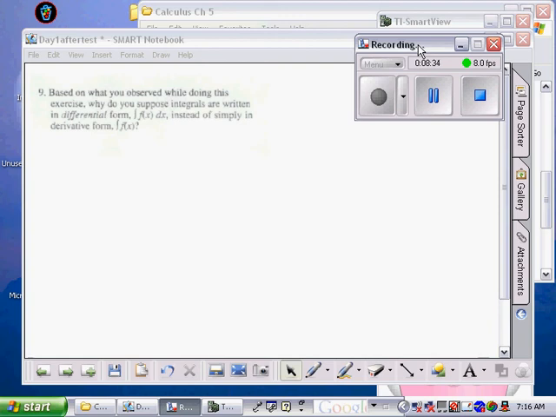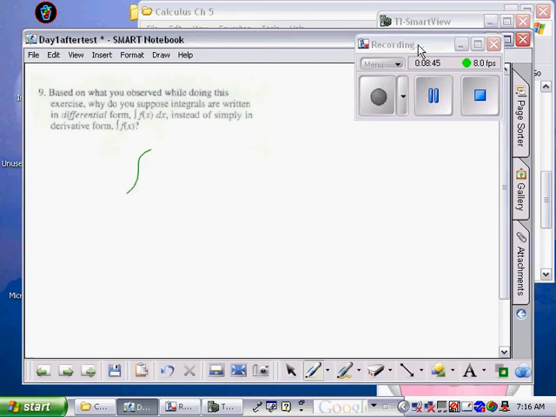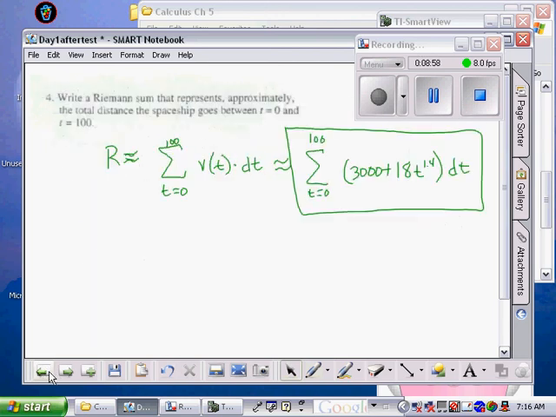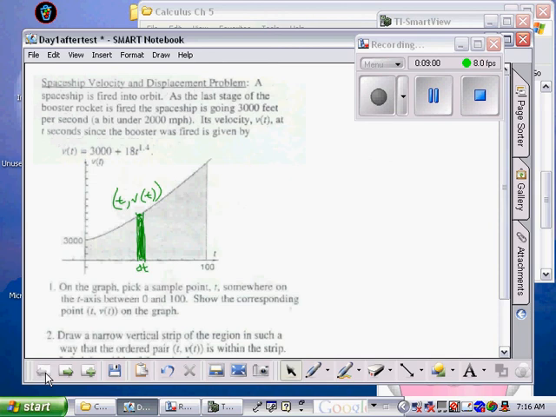I did this a little early because you asked me that question, and that's been a while. But we said that dx originally gave you directions. It told you what you're finding the antiderivative with respect to.